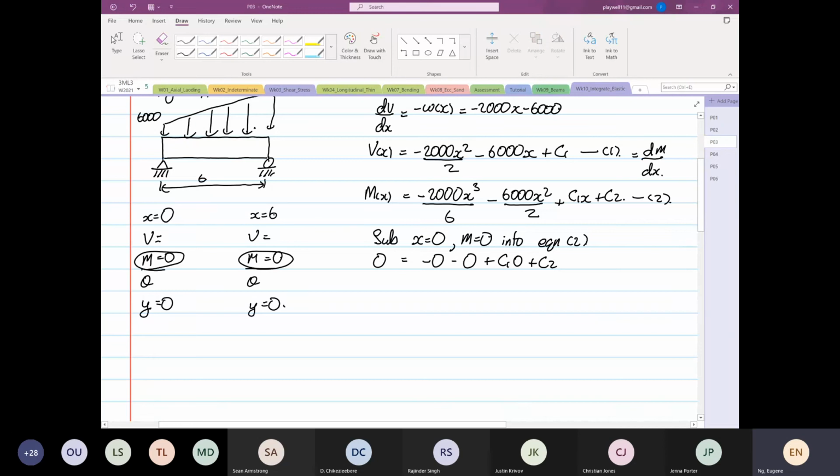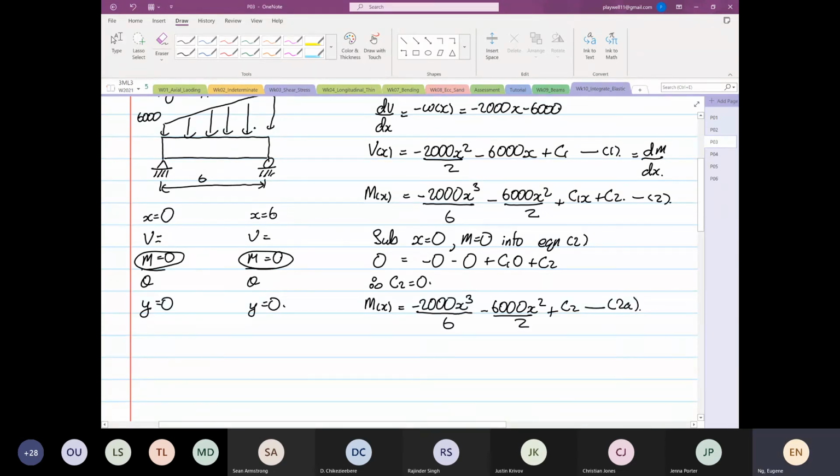Therefore, from here, C2 is equal to 0. Okay, so you write out again. M as a function of x is equal to minus 2,000 x cubed over 6 minus 6,000 x squared over 2 plus C1x. It evolved from equation 2, so that's why it's called 2A.